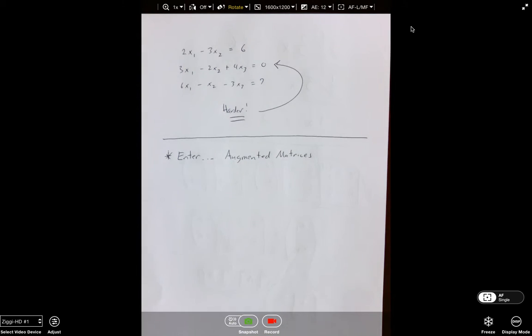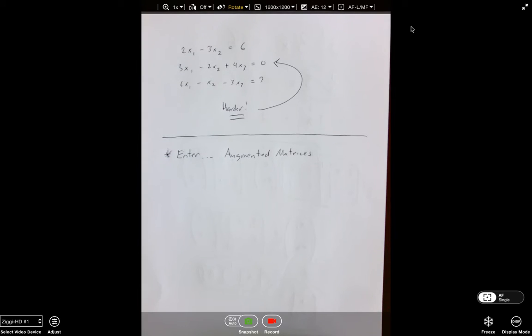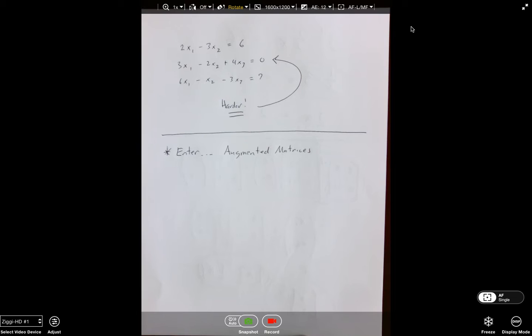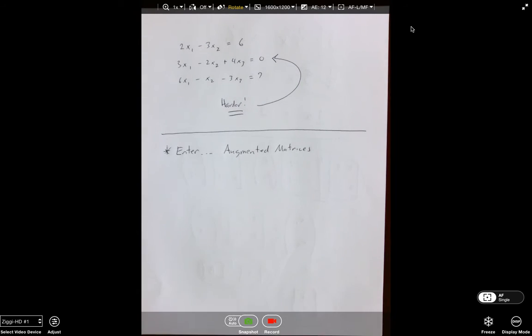Augmented matrices. An augmented matrix is an accumulation, if you will, of all of your coefficients of the problem in a certain ordered fashion. That's going to do wonders in working problems for us.